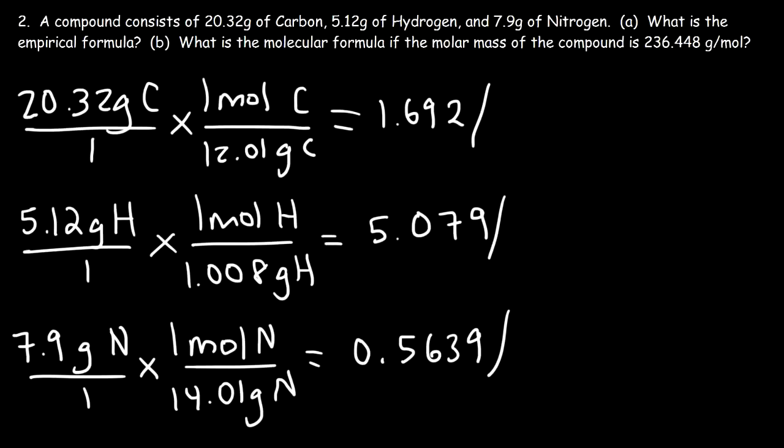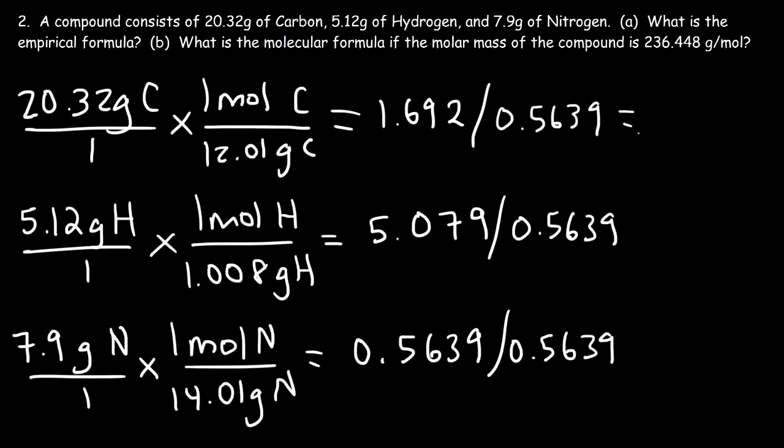So the smallest is 0.5639. So 1.692 divided by 0.5639, that's about 3. 5.079 divided by 0.5639, that's 9.